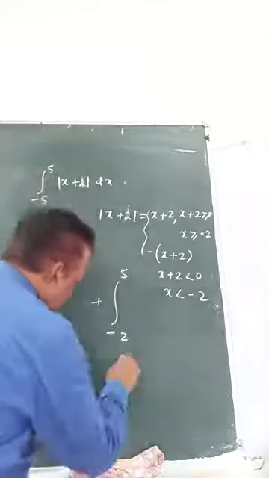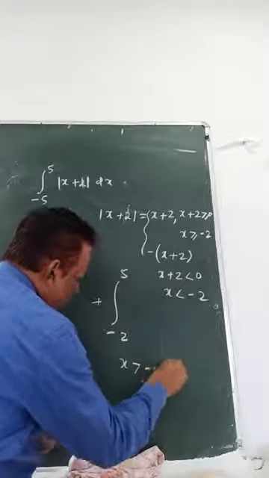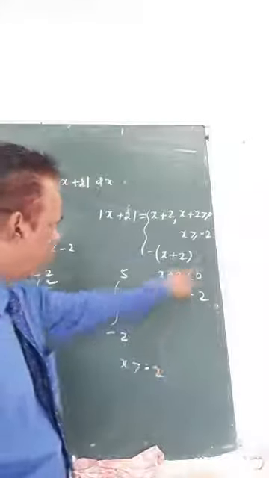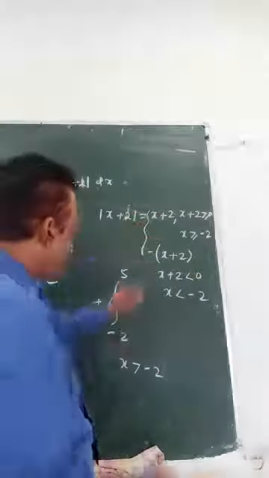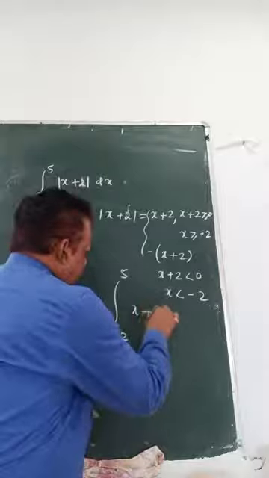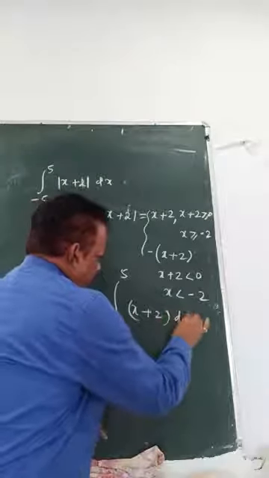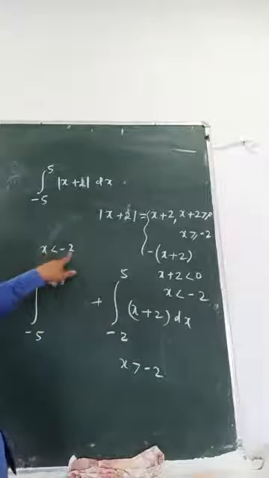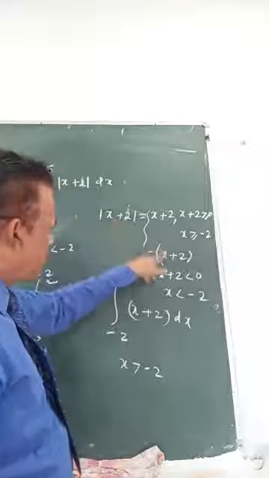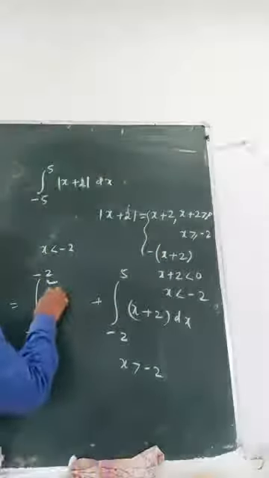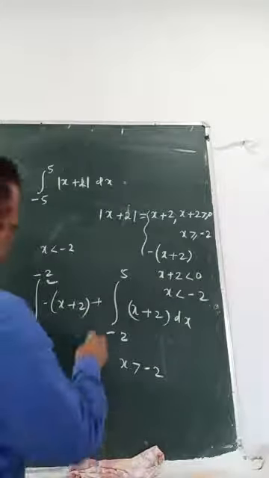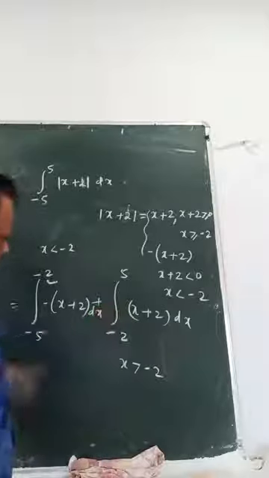Lower limit means x is greater than minus 2. So when it is greater than minus 2, this is a plus value, meaning plus x plus 2. When it is less than minus 2, this value is minus x plus 2 dx. I hope you got the point.